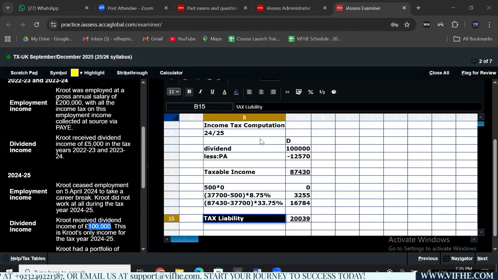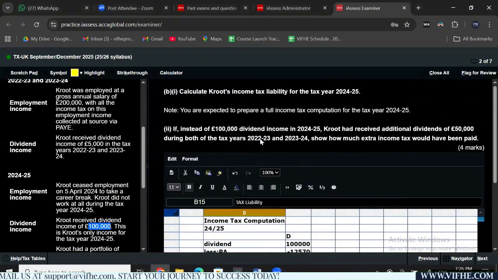Now we need to take into account the second requirement, which is that if Crude had received £50,000 in each of the previous two tax years, 22-23 and 23-24, instead of getting £100,000 in the tax year 24-25, then how much extra tax would he have had to bear?